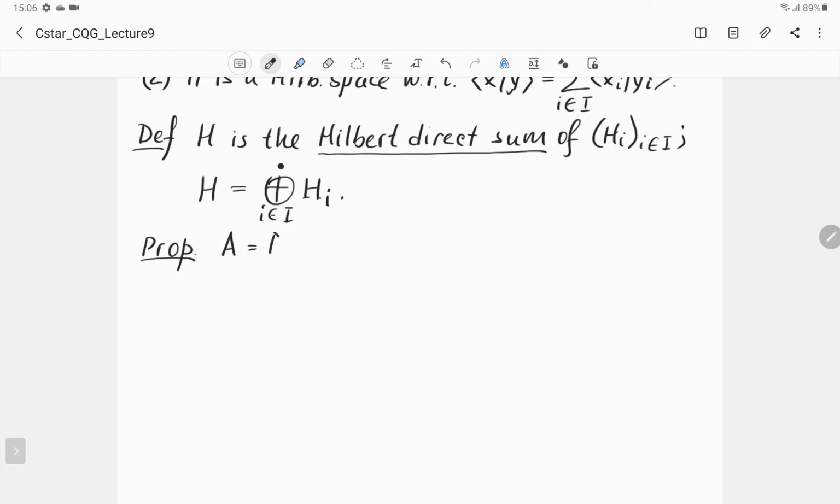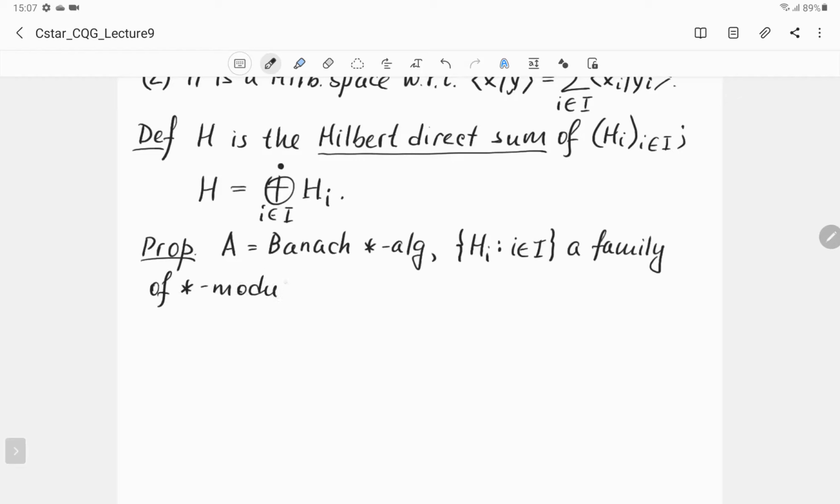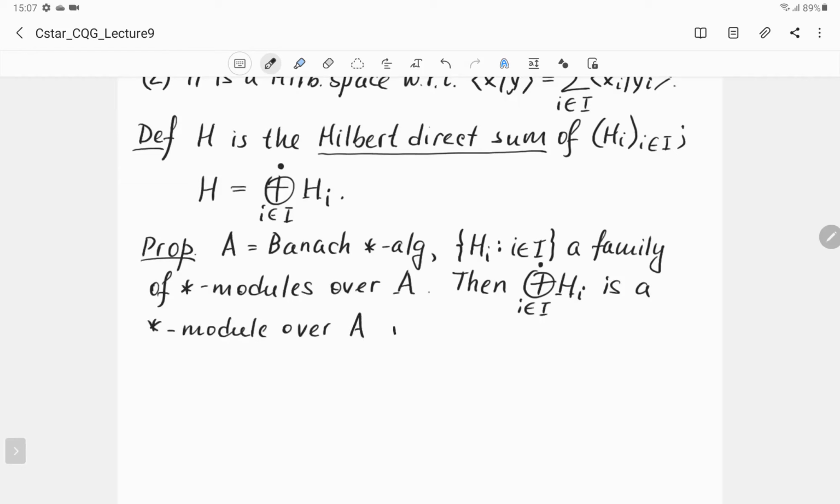Suppose that A is a Banach star algebra and Hi is a family of star modules over A. I claim that their Hilbert direct sum is also a star module over A with respect to the following action.